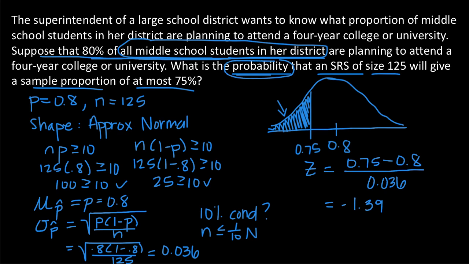So we can either take our z-score and look up that value in the normal distribution table, or on the calculator, we look for normal CDF. And then the lower bound would just be some low number. We usually put maybe like negative 1,000. And then the upper bound would be our z-score, negative 1.39.